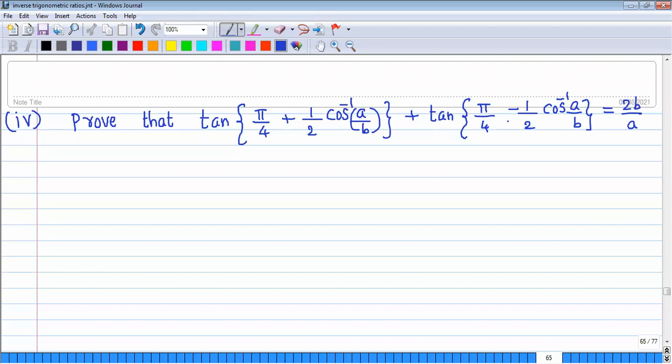After that, cos inverse A by B is equal to alpha, so A by B is equal to cos 2 alpha. In terms of cos 2 alpha you will get the answer: 2 upon cos 2 alpha, that is 2 upon A by B, equal to 2B by A. That's my idea.